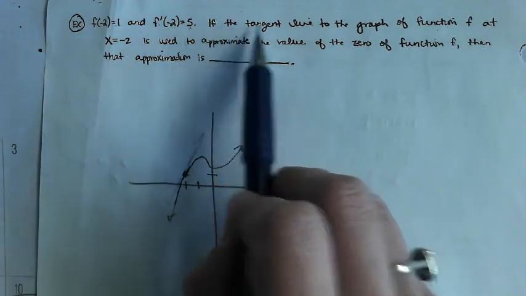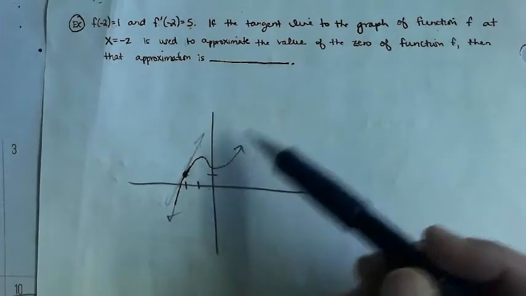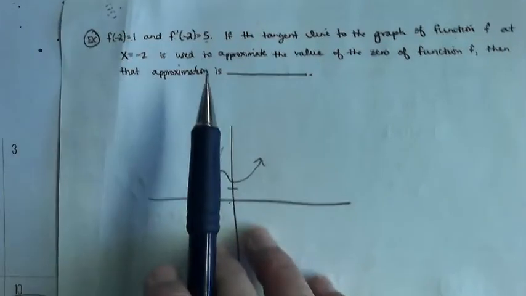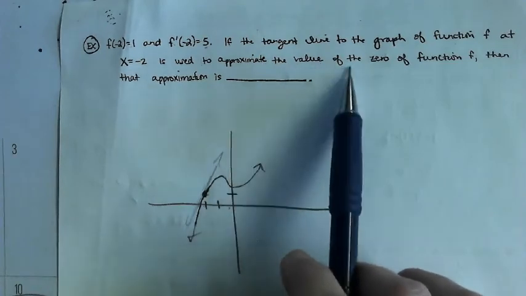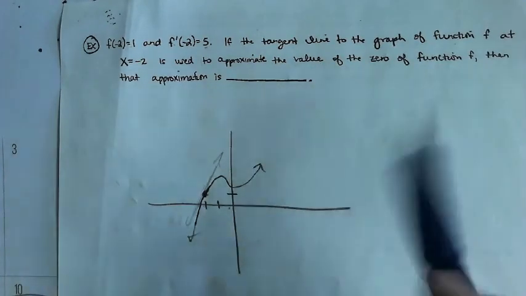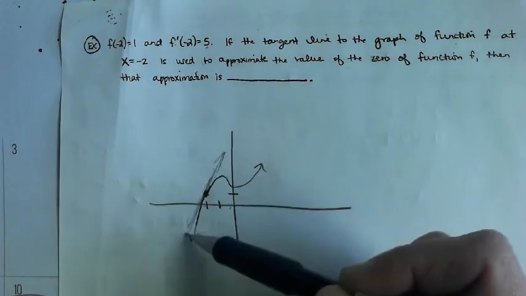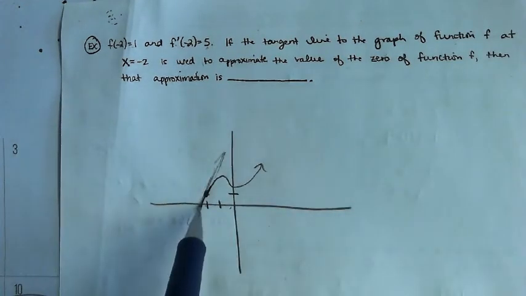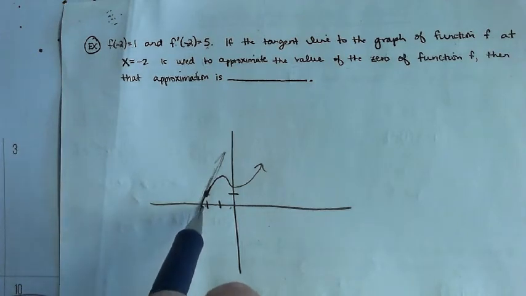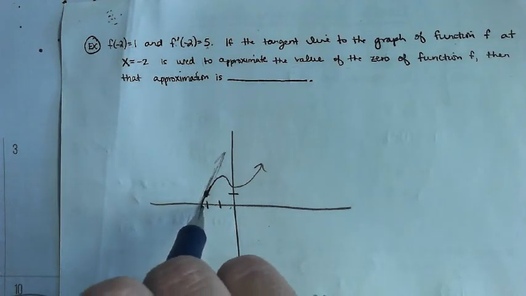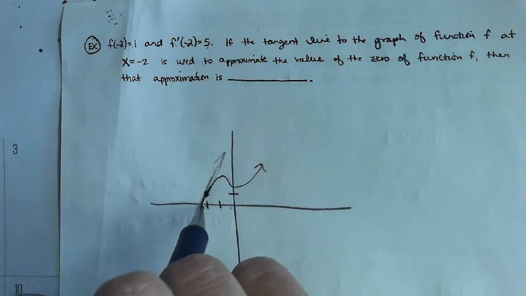So they're saying if this tangent line to the graph of the function, the one that I happen to sketch, at x equals negative 2 is used to approximate the value of the 0 of function f, meaning whatever the 0 is of your tangent line, which is here, is going to be pretty close to the 0 of your graph as well. Do you follow that?